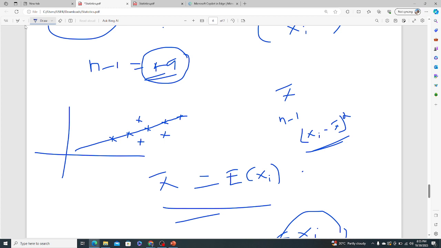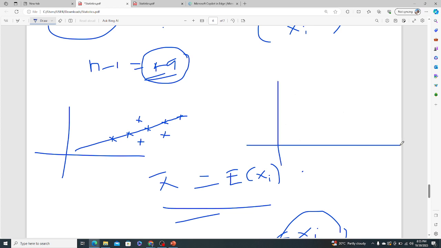So this is one example of a regression line, or line of best fit. And also we can have another one, with some data points that are far from the regression line.